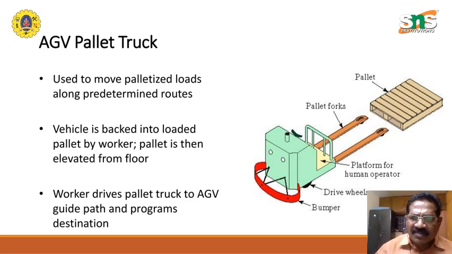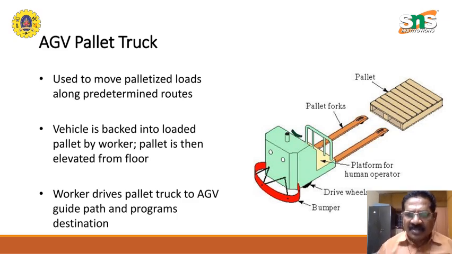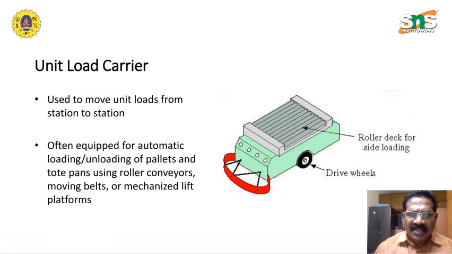So that it should not foul or hit the other components, you also have a bumper behind. The worker drives the pallet truck to the automated guided vehicle path and programs the destination wherever it is supposed to go. You put it onto that place, and then the AGV will take over.